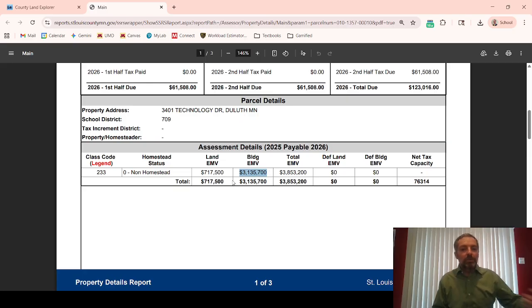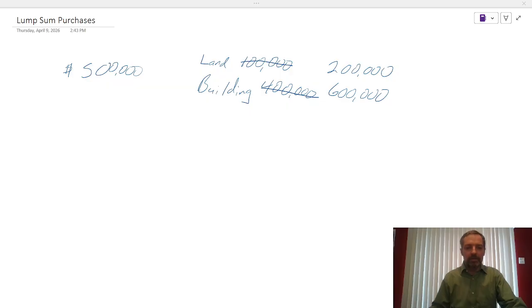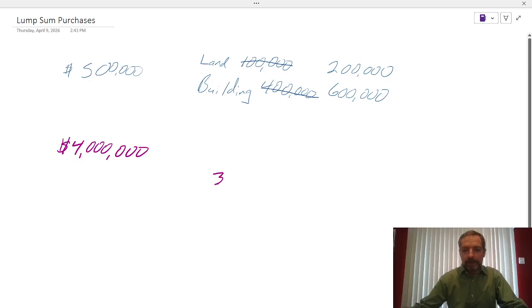Well, let's say we paid $4 million for this piece of property. Let's go ahead and write that down. So we paid $4 million. According to the county, at least their best guess was that it was worth 3,853,200.